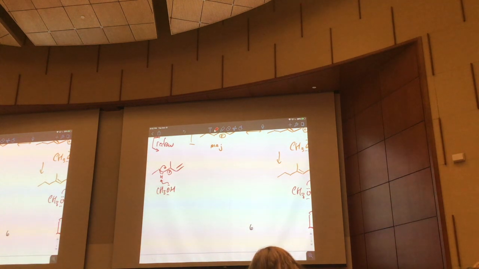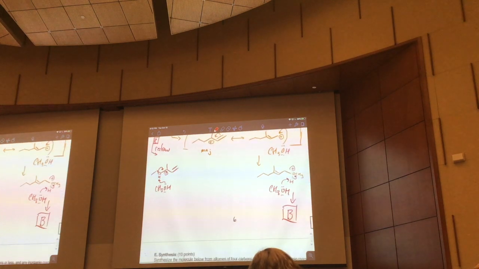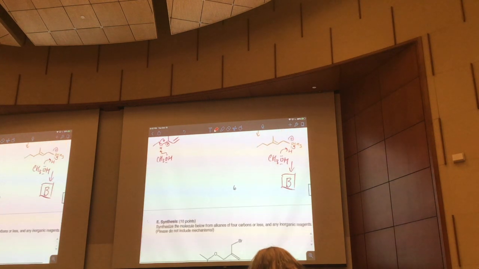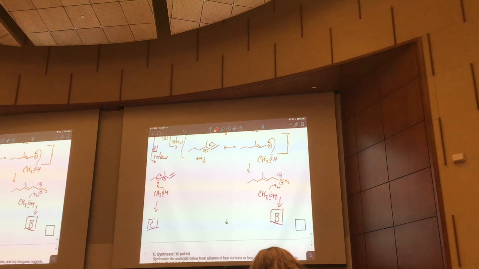They're going to go towards that positive charge. They're going to create a double bond. Do we need to show a deprotonation step? No. Yeah, everything's already gone. So we actually now just end up with C. We're good. That's it. Any questions about that?